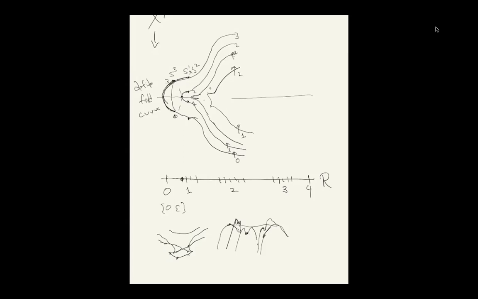So we do this with all the critical points of index 2. So we have some more pictures like this. And so now we're out to here. We're out to this spot, and we haven't done the critical points of index 3 yet. Shortly, you're going to see the punchline.